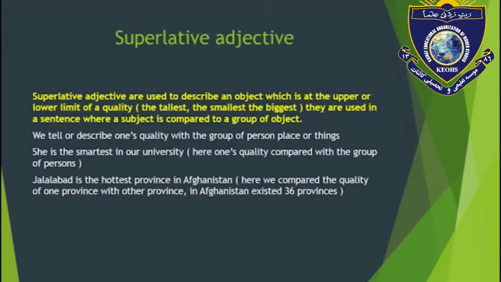Here one's quality is compared with the group of persons. Jalalabad is the hottest province in Afghanistan. Here we compare the quality of one province with the other provinces. In Afghanistan we have more than 36 provinces, and one province is compared with the others.